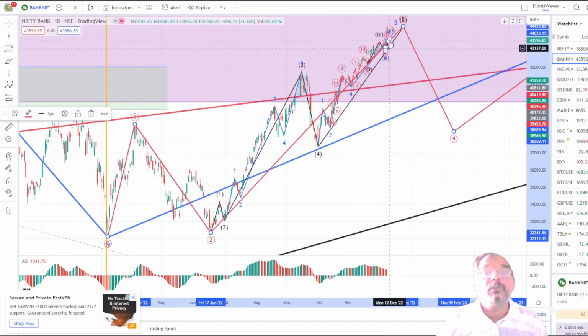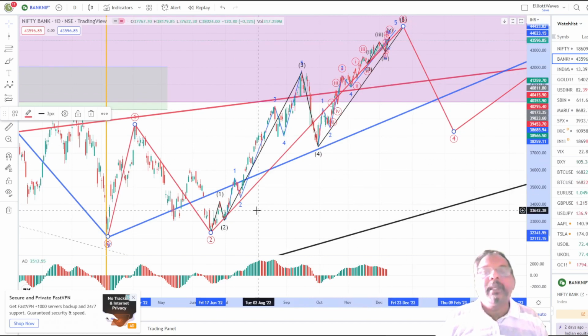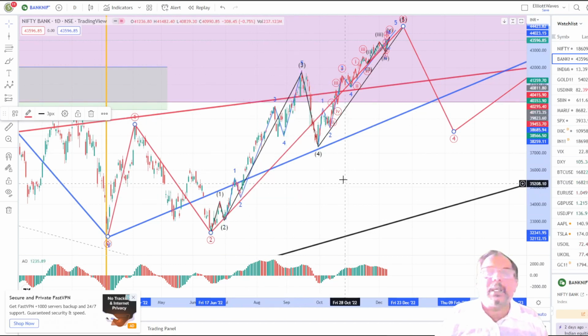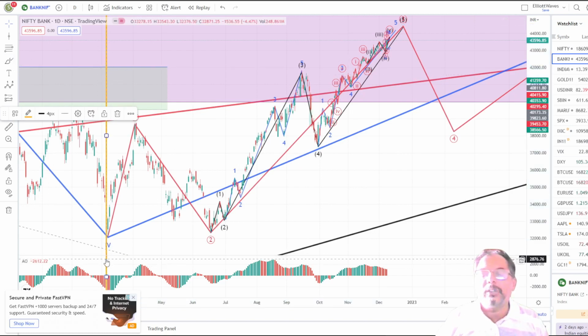Within that third, I am able to plot a very nice 1 2 3 4 and 5. Within this 3 also I'm able to do 1 2 3 4 5 very nicely, this 5 also, but I'm not going to spend a lot of time getting into that.